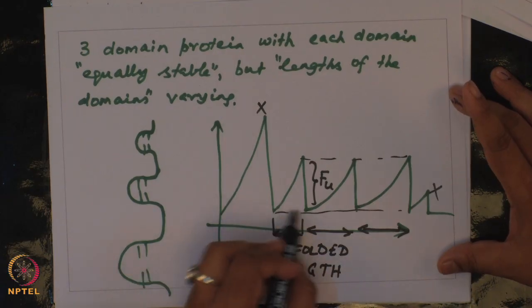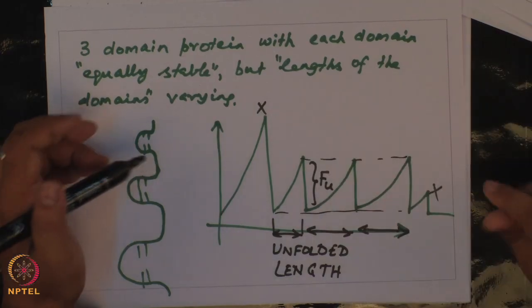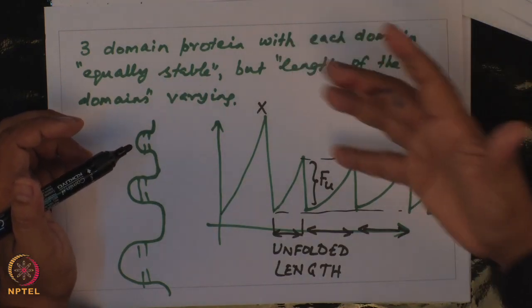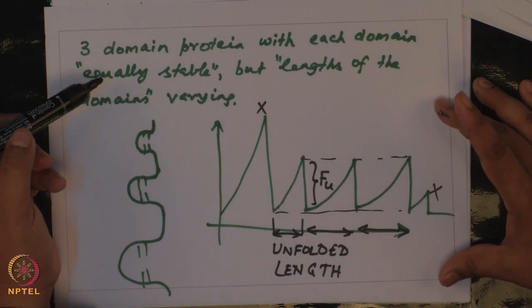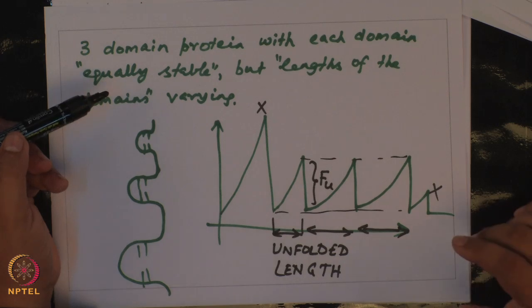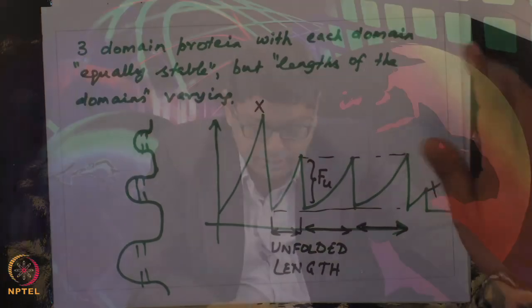Your x axis gives us the unfolded length and the y axis gives you the unfolding force. In this particular case, because each domain was equally stable, your unfolding forces are similar in magnitude, but the unfolding lengths are not. This is one such representative data point. You have to do it multiple times and determine the statistics.